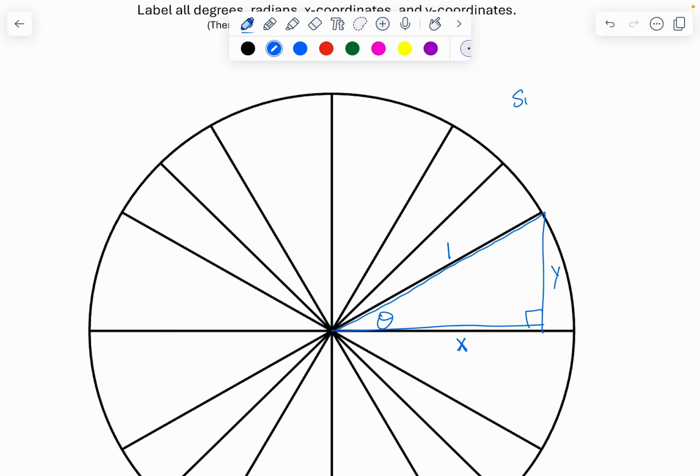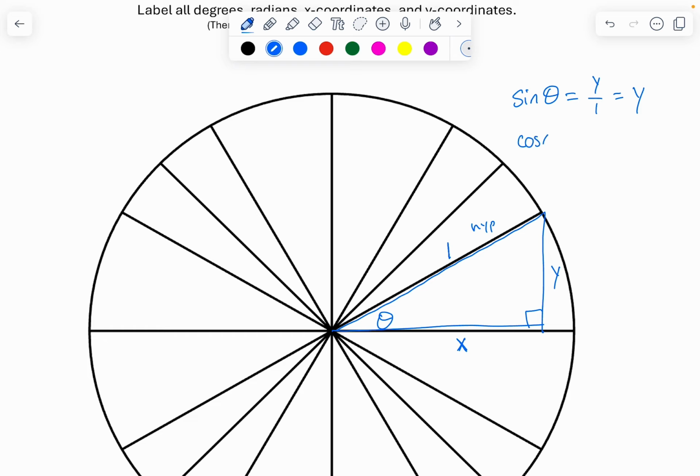Sine is opposite over hypotenuse. My hypotenuse is always going to be the radius, because it's across from the 90-degree angle. Opposite the theta is y. So this is y over 1, which is just equal to y. So the y-coordinate is the sine of that angle.